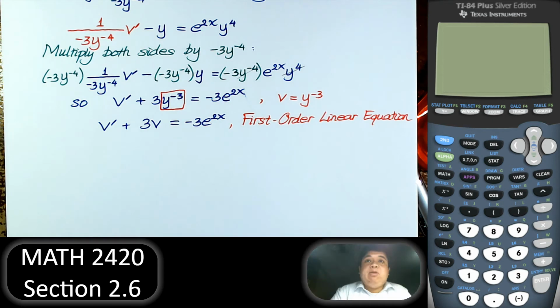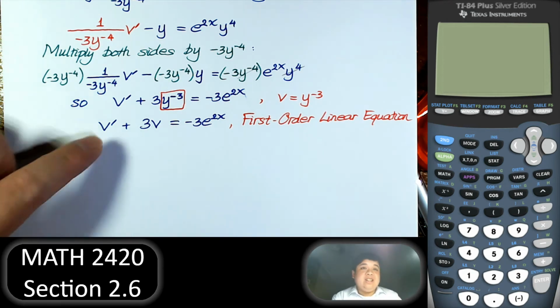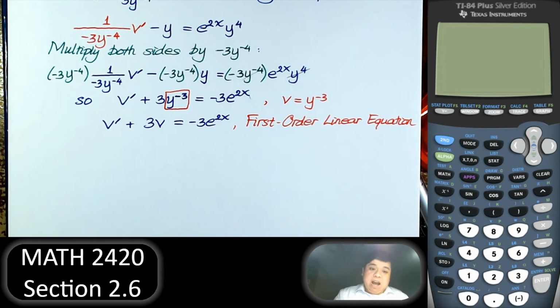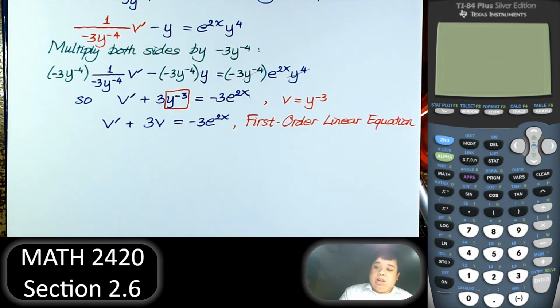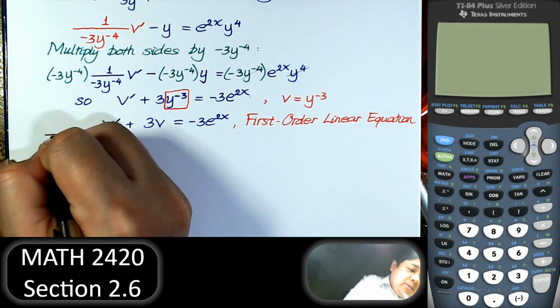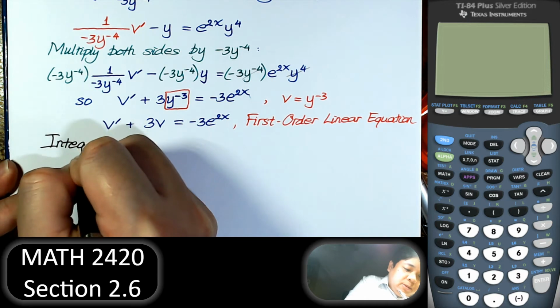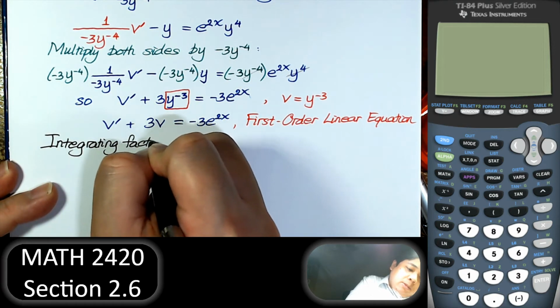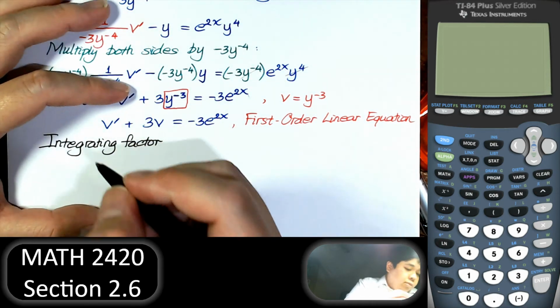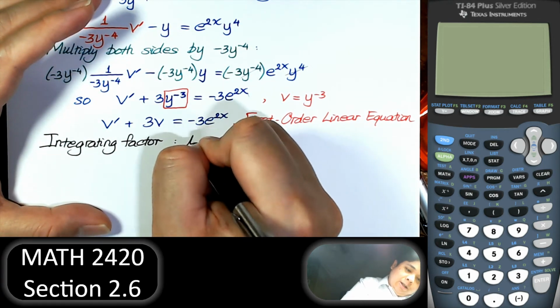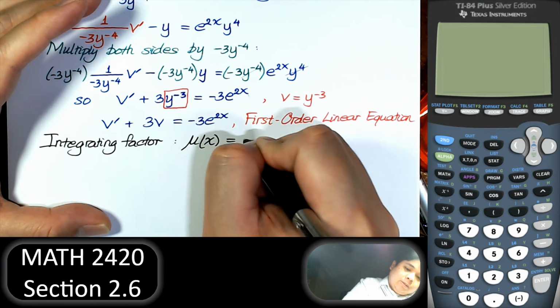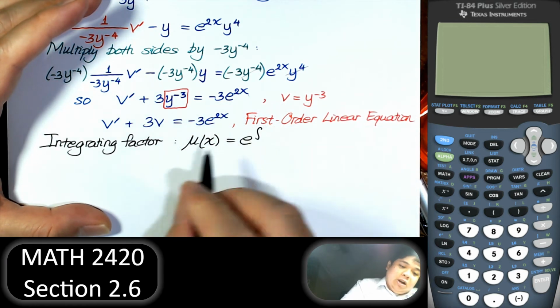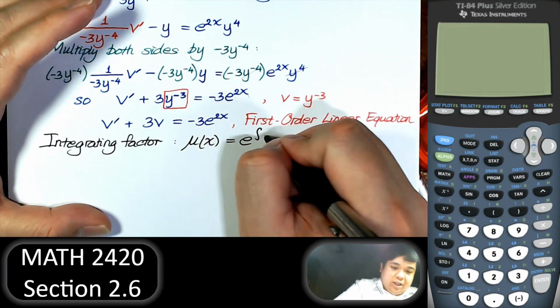Right, now a linear first order equation should be simple. This is in the standard form, and p of x is equal to 3, so the integrating factor is e to the integral of p of x, which is 3.